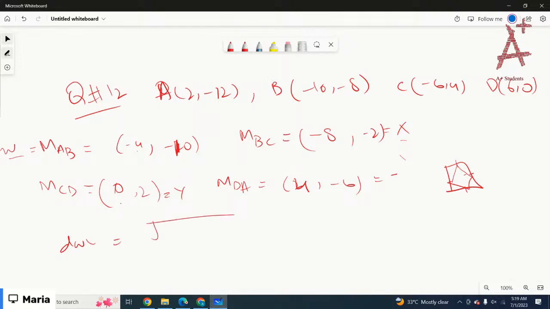Negative 4 minus 0 is negative 4 squared, plus negative 10 minus negative 2 is negative 12 squared. So it would be 16 plus 144, that equals 160, and that is 12.65.